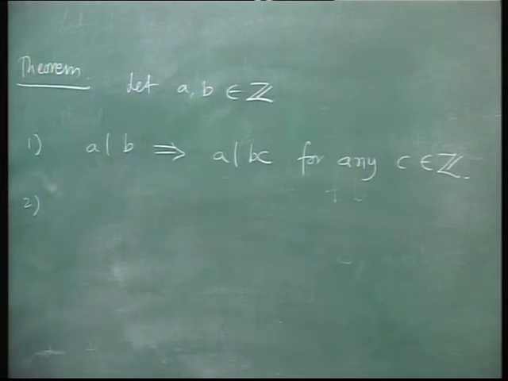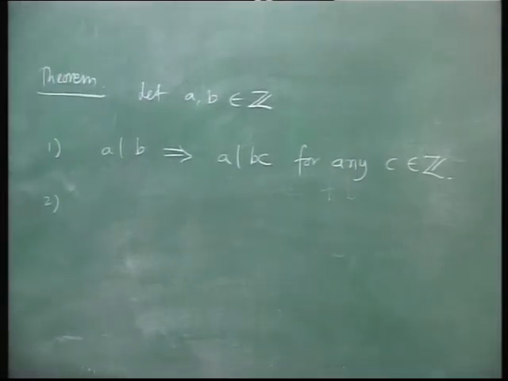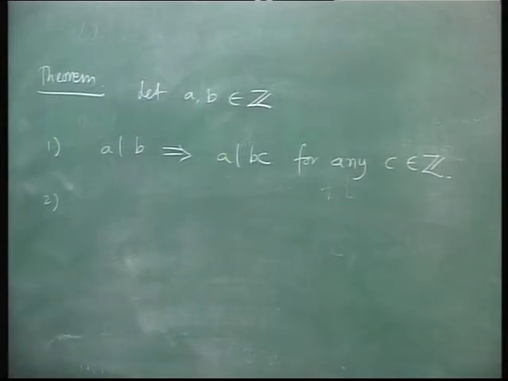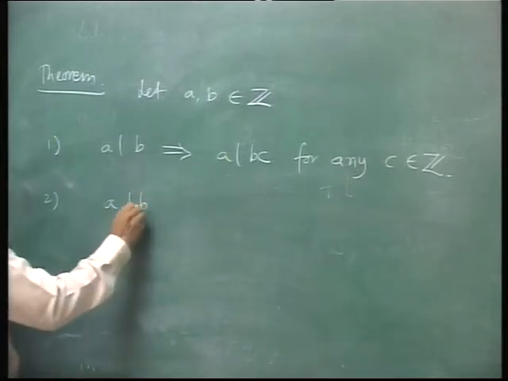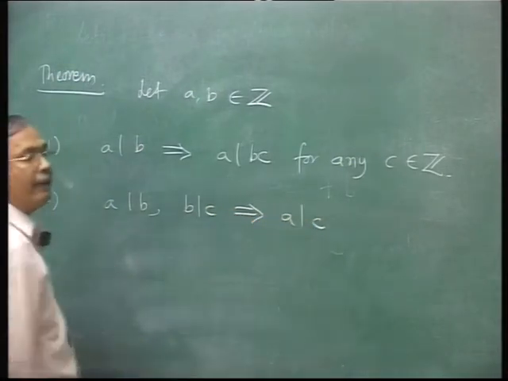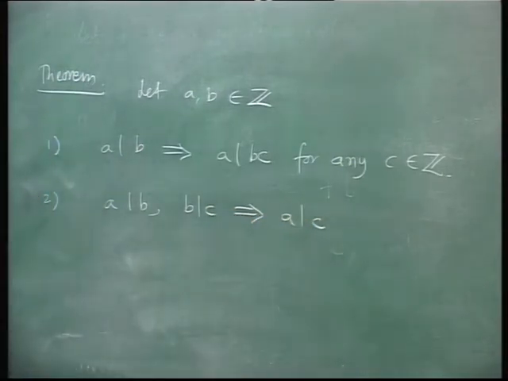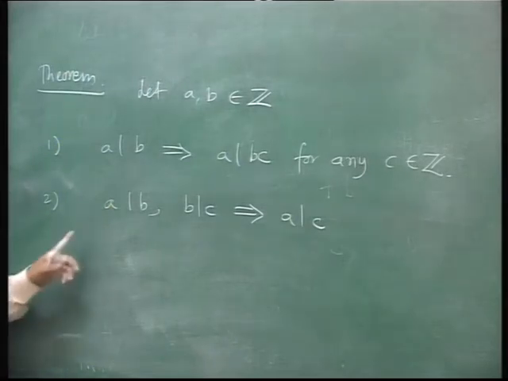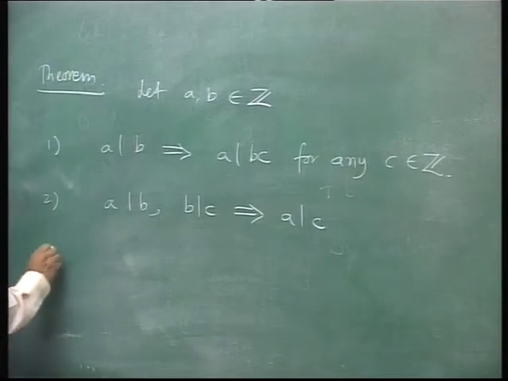All these properties can be proved easily by using the definition. a divides b, b divides c implies a divides c, which I have written there for positive integers. Here I am writing for all integers.